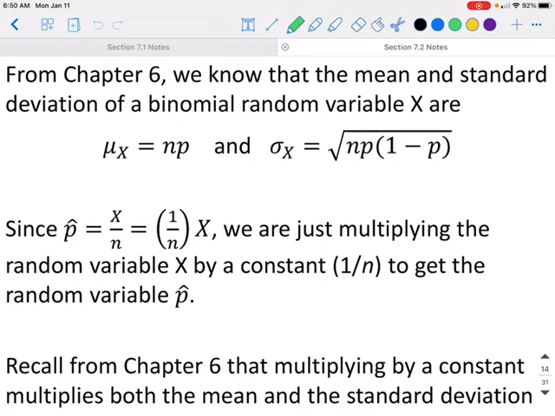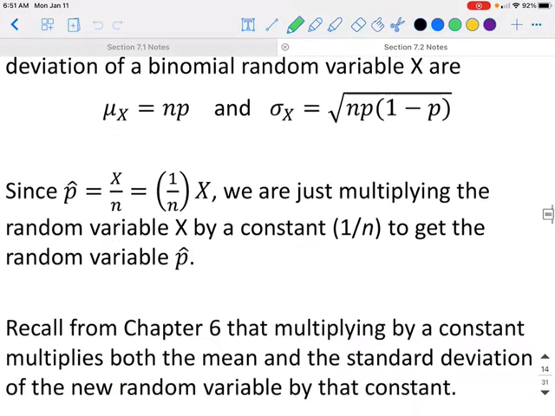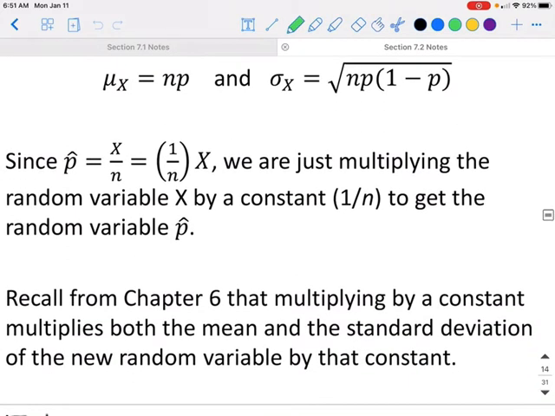Since our p hat is just x over n, we can write that as 1 over the sample size times x. We are just multiplying the random variable x by a constant of 1 over the sample size to get the random variable p hat. Recall from Chapter 6 that multiplying by a constant multiplies both the mean and the standard deviation of the new random variable by that constant.